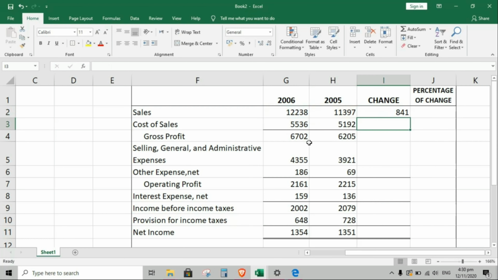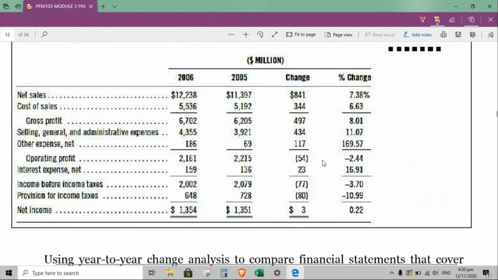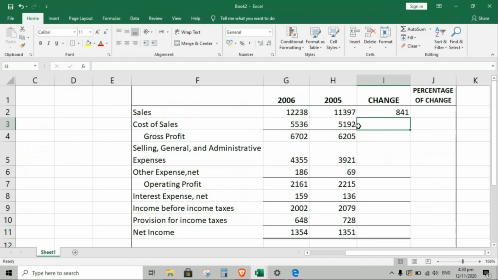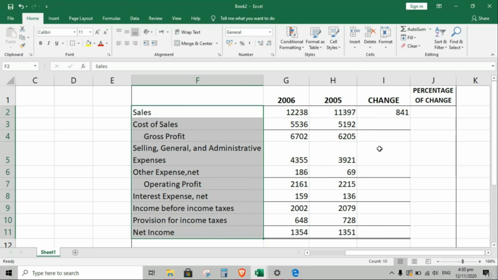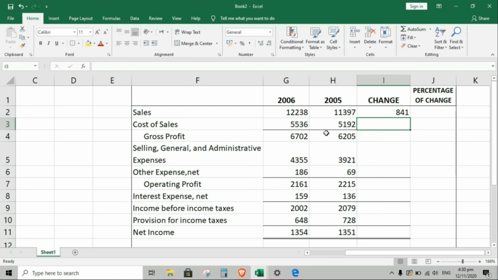Okay, so the answer is 841. Makikita nyo, 841 din. So, for the cost by item, yung sales, cost of sales, gross profit, mga expenses, lahat-lahat ng yan, kukumputan yan isa-isa.